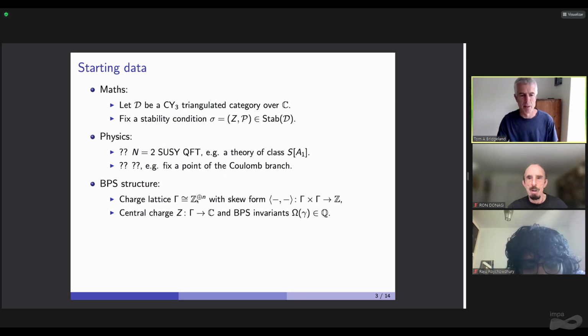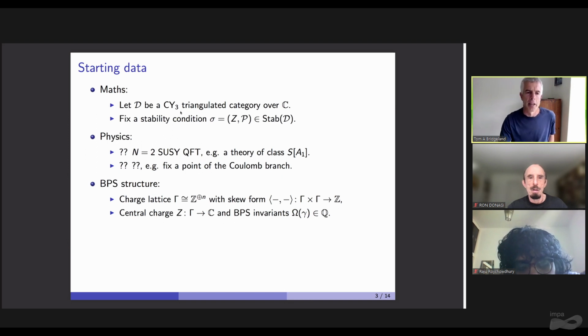So gamma, I would take to be H_3, the third homology group of my threefold, because every Lagrangian submanifold has a fundamental class in there. This skew form would just be the intersection form. The central charge would be integration against a holomorphic three form.